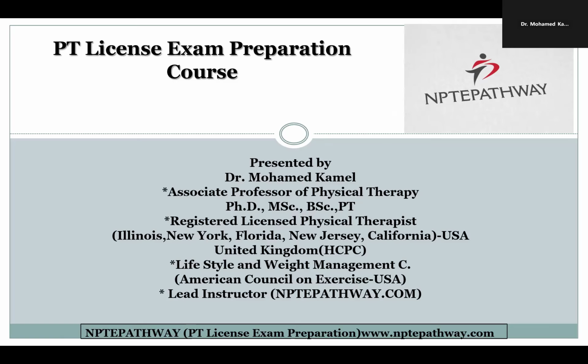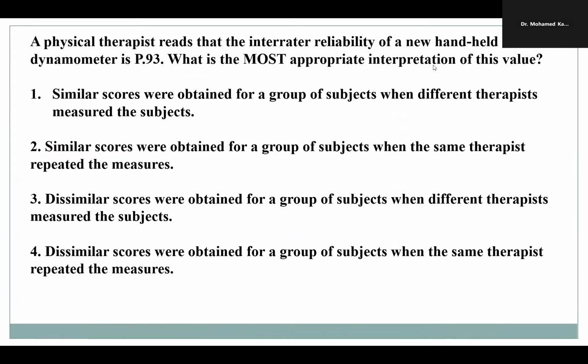So let's go for today's content and see what this question is about. The question says a physical therapist reads that the inter-rater reliability of a new handheld dynamometer is 0.93. Please pay attention to inter-rater, because we have intra-rater and inter-rater, so the language is important here.